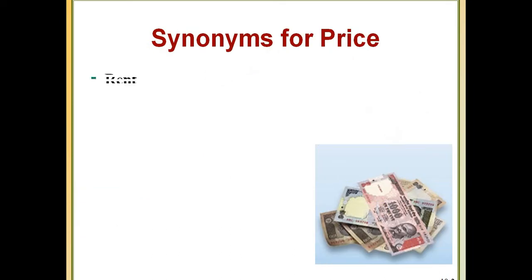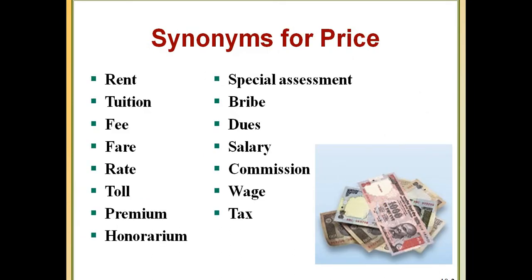Now, if you look at the synonyms of price, one of the mistakes that we often commit is that whenever we go to a shop, we tell the shopkeeper, "भैया इसका cost कितना है?" Cost is only the manufacturing portion.